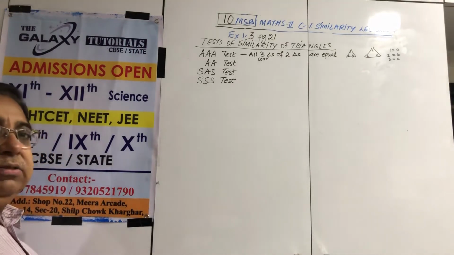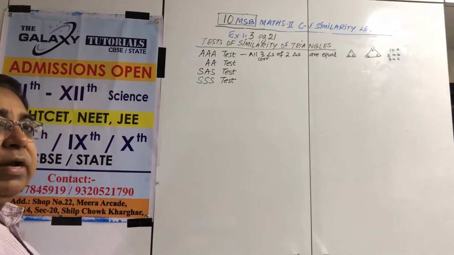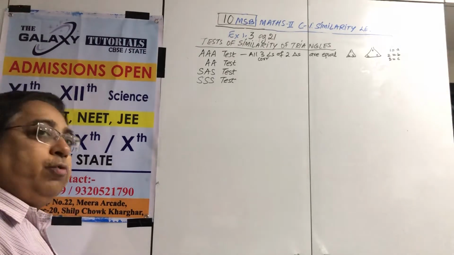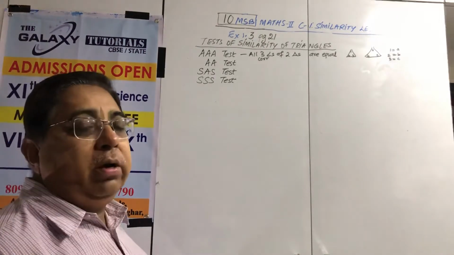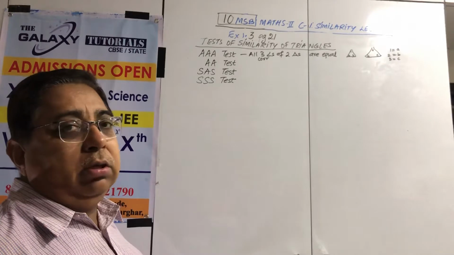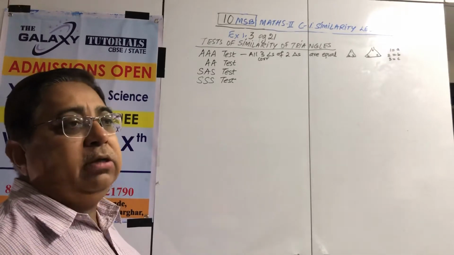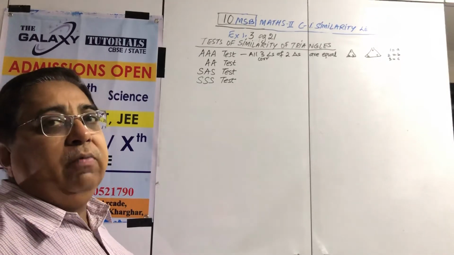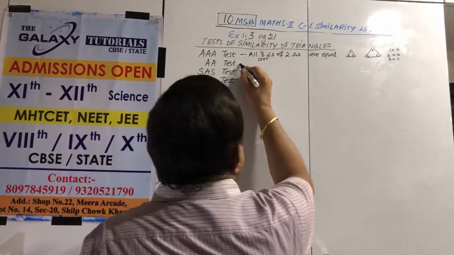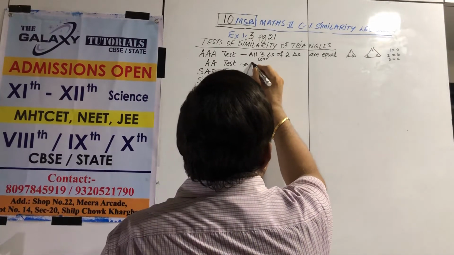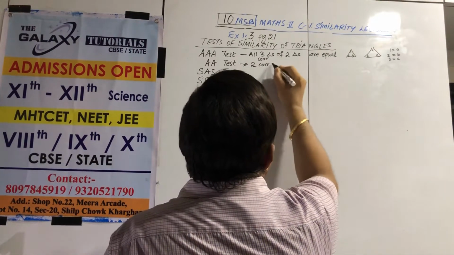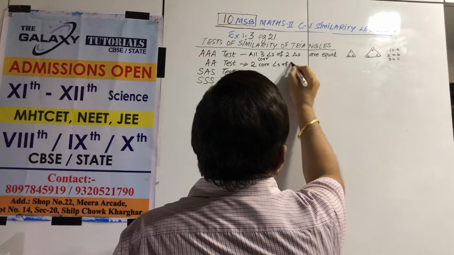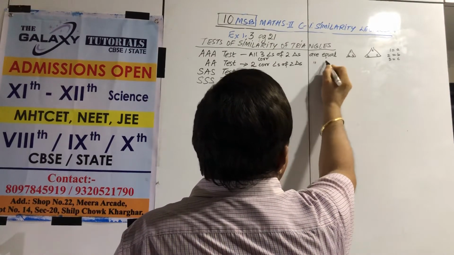But my friends, sum of the angles of a triangle is 180 degrees. So if two angles are equal, automatically the third has to be equal. That is how we were finding the third angle in our lower classes. So here we get two corresponding angles of two triangles are equal.